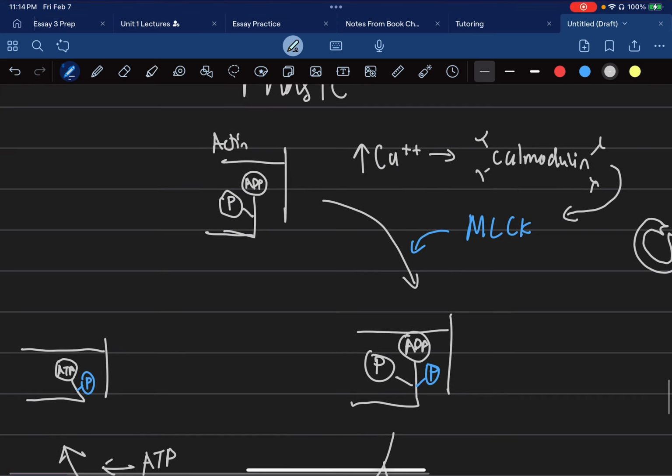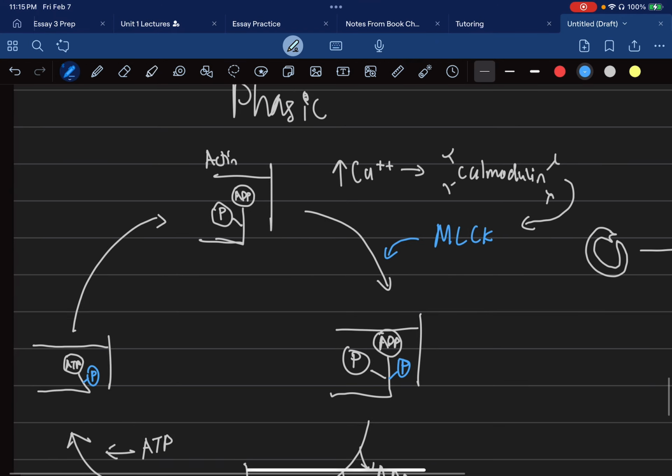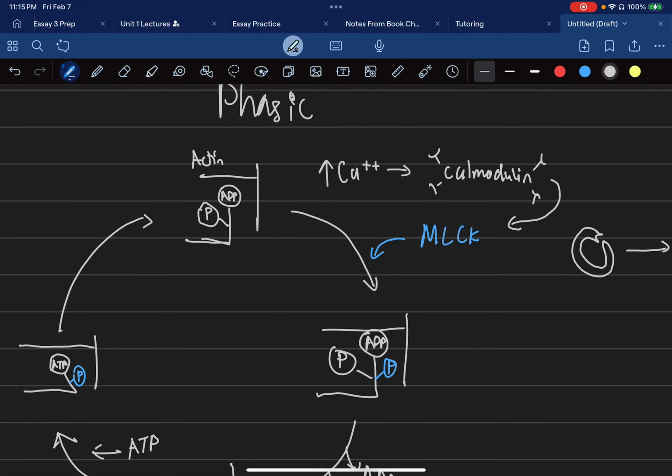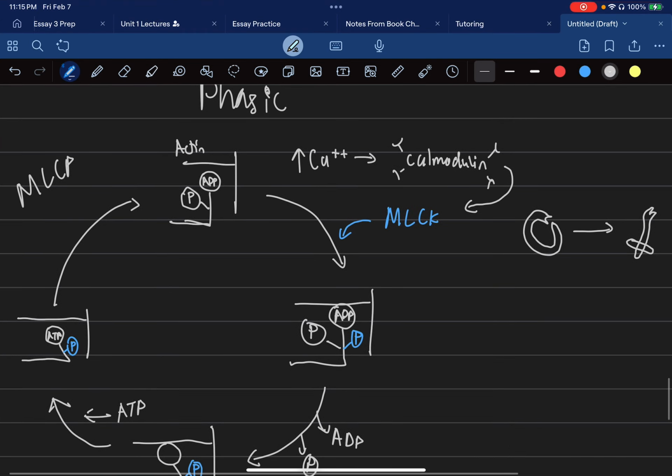And then the last step is the ATP will be hydrolyzed. But not only that, something is going to happen here so that we can get rid of our extra phosphate group. And that is going to be removed by something called MLCP. Now, MLCP is going to come in and take off that phosphate group for us.